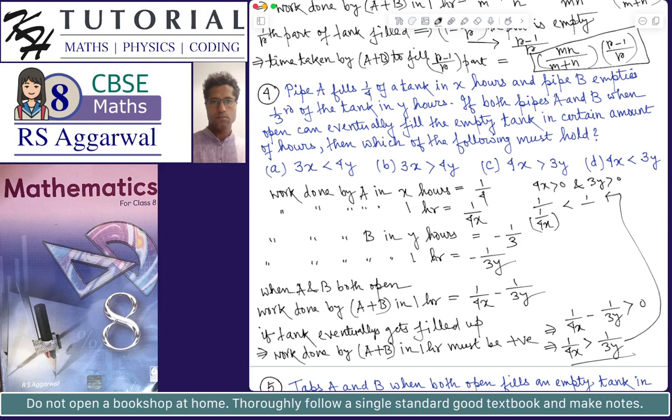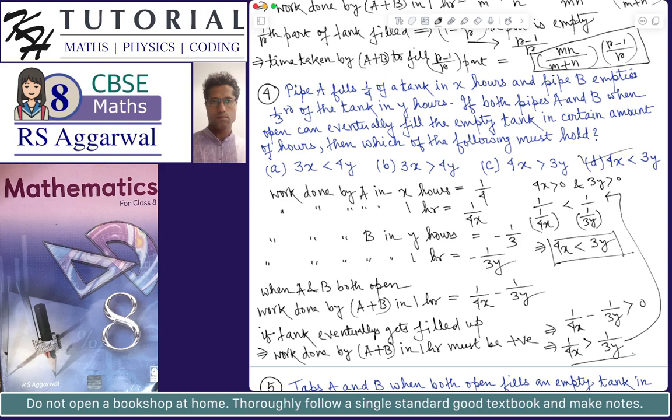The reciprocal of 1 by 4x is 4x, and the reciprocal of 1 by 3y is 3y. So we have 4x less than 3y. This is the relation we must have between x and y: 4x must be less than 3y. So the correct choice is D.